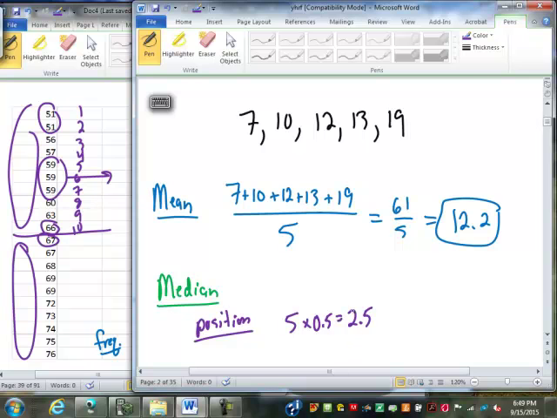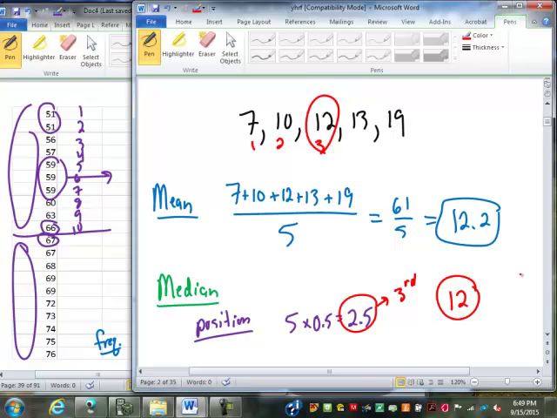That's telling me that the median is in what location? That rounds up to 3. It's in the 3rd position. The median is 12. So here the mean and the median are relatively close to the same number. That's good. That means this is a good set of data, good distribution.